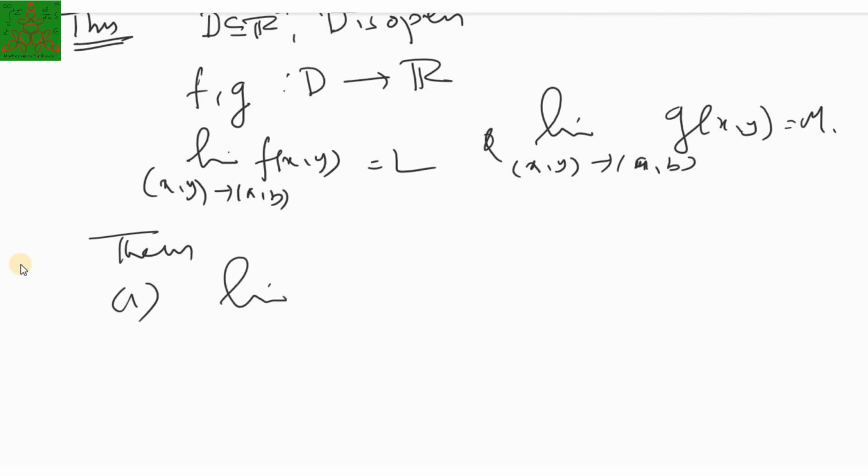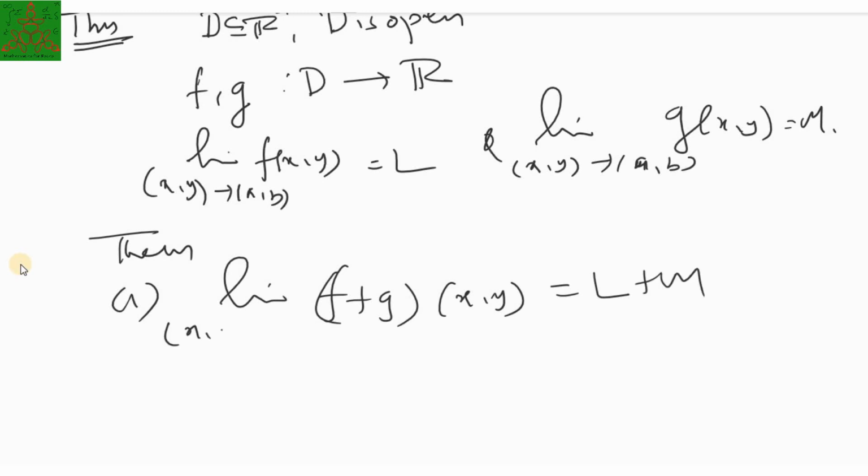The first one is that the limit of a sum is the sum of limits, so the limit of (f + g)(x, y) will be L + M as (x, y) tends to (a, b), and if it is minus here, it is also minus there.